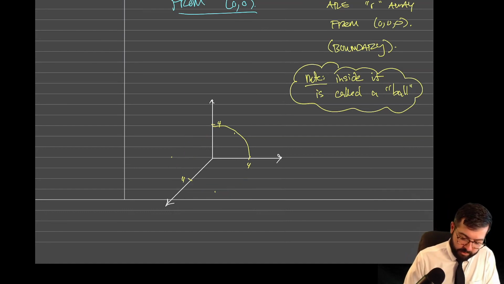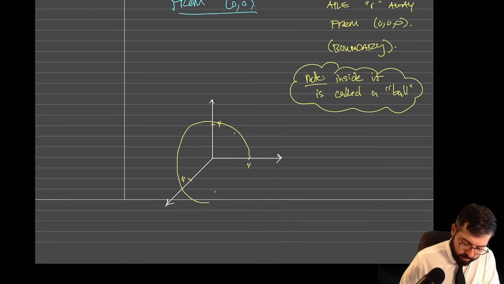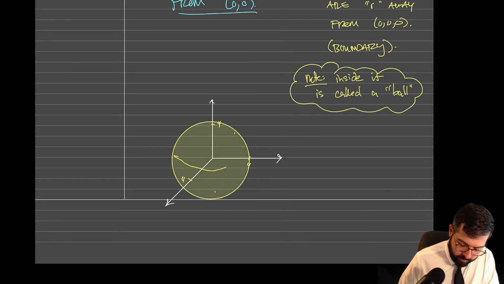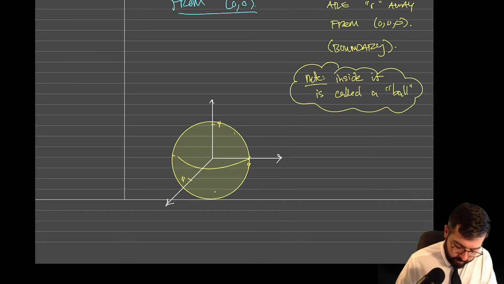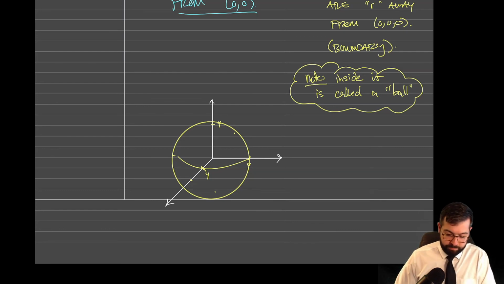Looks something like this. I'm gonna cheat and just use my snap tool here. And so it hits at a distance of 4 out, and I'm going to move that in. And it is just the points on the boundary.